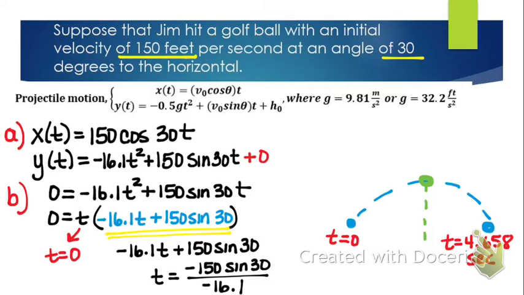So for part C, t equals 4.658 divided by 2.